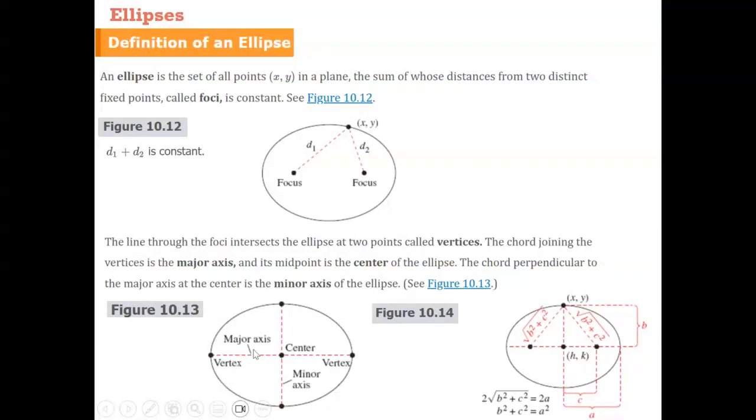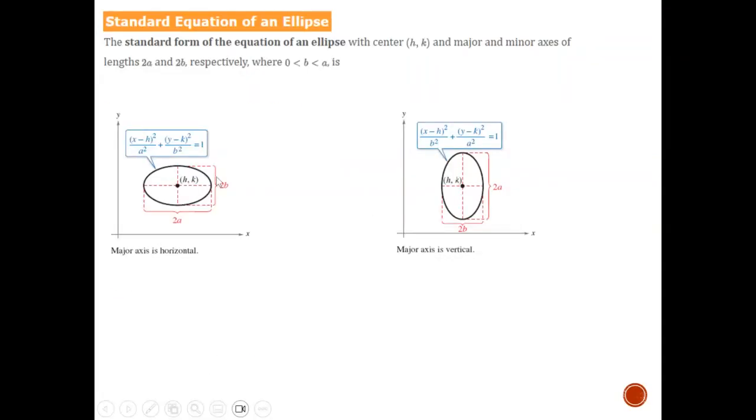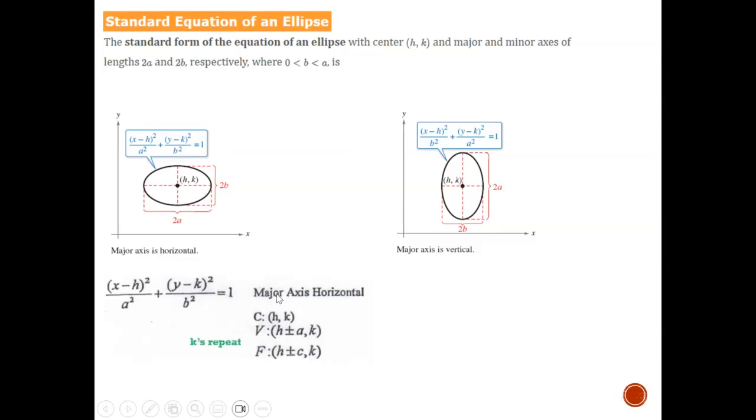Anyway, we have to find the vertex, the foci, and the center, and also the standard form of the equation. For example, if the major axis is horizontal, the ellipse is going to look wider horizontally, and if it's vertical, it will be wider vertically. Now these are also the formulas from the handout that I give to my students.